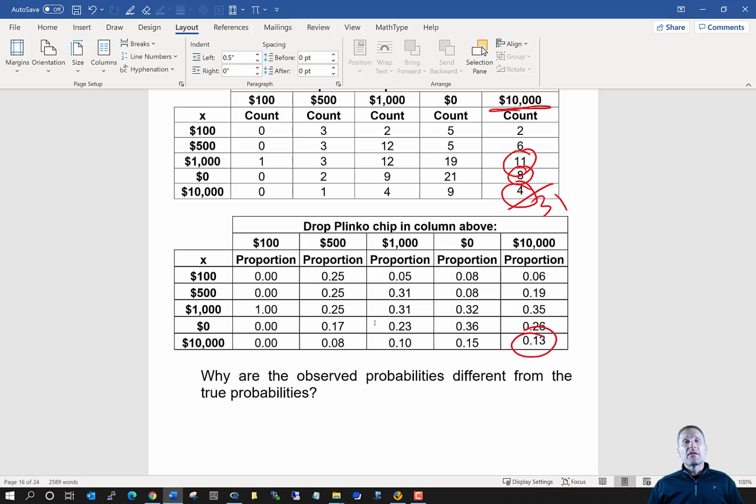This is very similar to what we saw with drawing these pieces of paper, numbered from 0 to 9, out of a hat. From one set of draws to the next, you're going to have variability. What happens in the sample is going to change from one set of draws to the next. But if this drawing process or playing Plinko is repeated many times, you would expect these corresponding probabilities to get very, very close to what we would expect to happen in terms of the population.